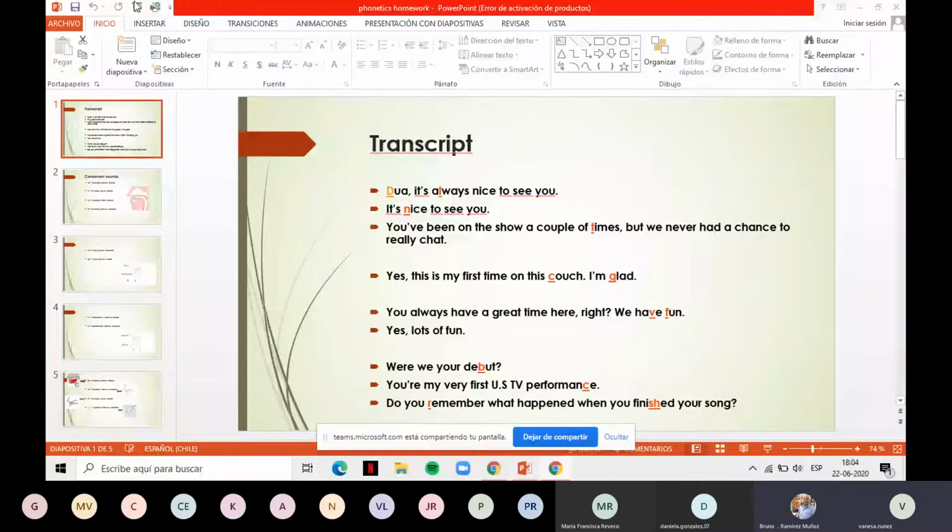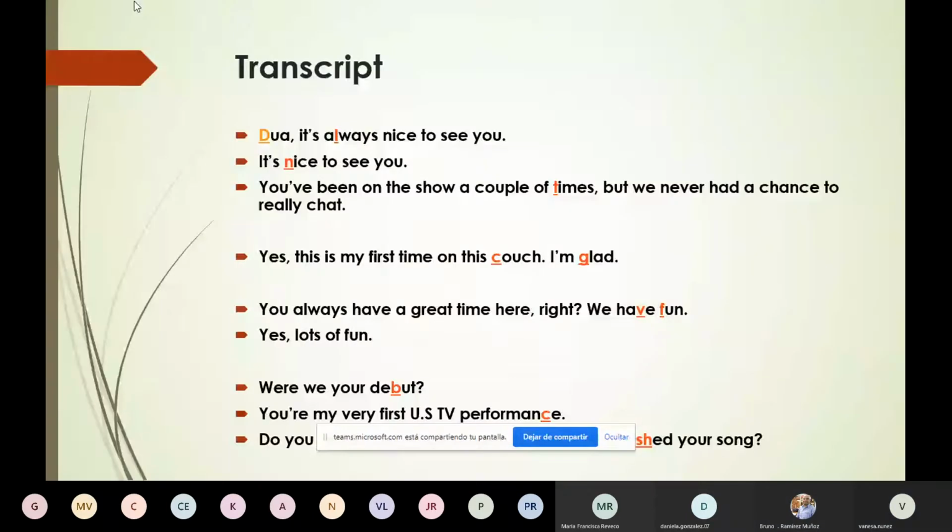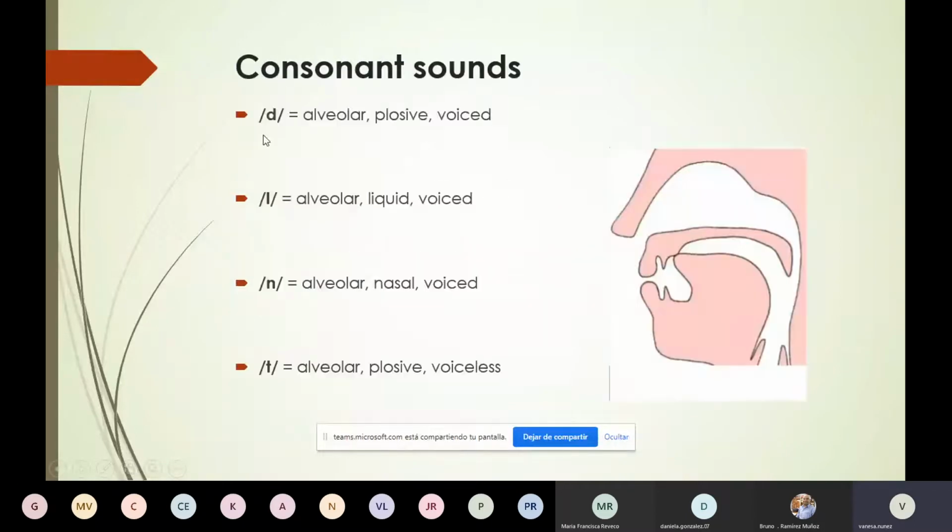So the first four consonant sounds are D, O, N, and T, and all of them are alveolar. D is plosive and also voiced.